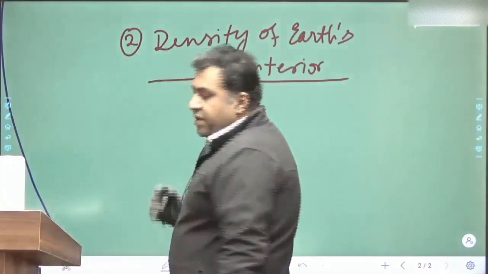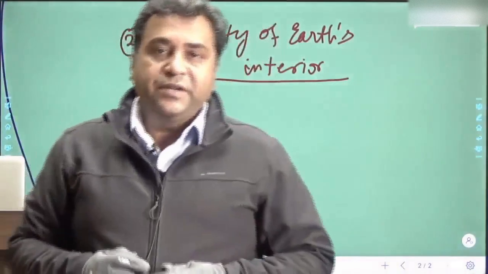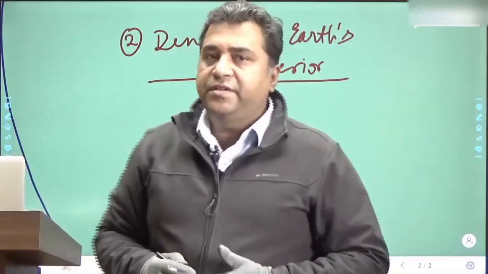When we talk of the density of the Earth's interior, how will we come to know the density? We'll get the rock material from different regions and we can get the density.